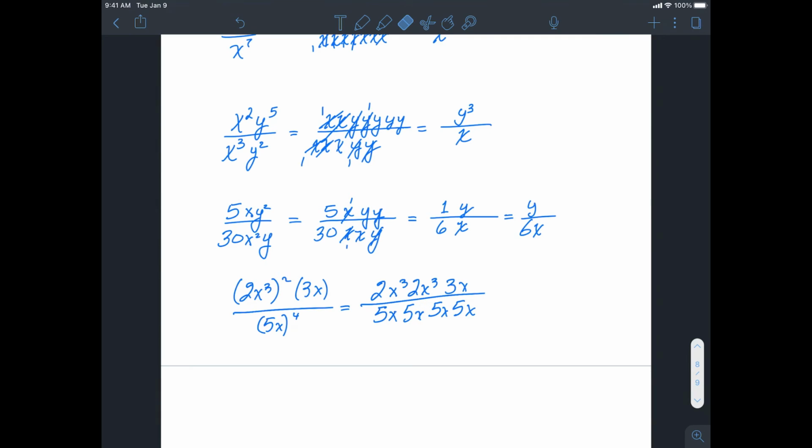And if we look around, there are 4 factors of x in the denominator, and there are 7 in the numerator. So we can rewrite this then as 2 times 2 times 3, that's 4 times 3 is 12, x to the 7th, divided by 5 times 5 times 5 times 5 is 625, x to the 4th.